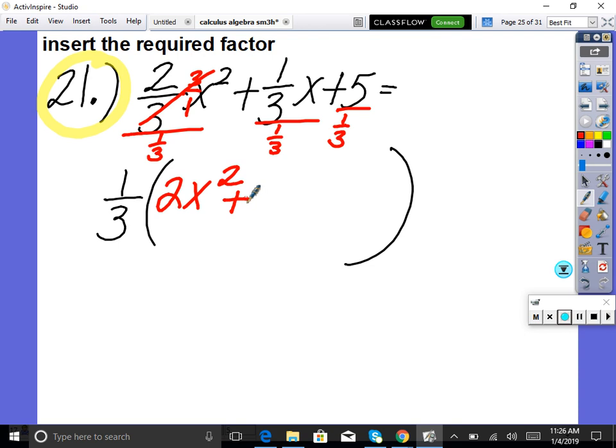Good. Plus next term, won't my 1/3 divide out? So plus x. Now right here I wrote plus 5, and a lot of people put plus 5/3. So it's actually plus 15. Dividing fractions is easy as 5 flip the second and multiply. How can you check if you got it right? Distribute the 1/3 in and see if you end up back at the top, right? So not super hard, right?